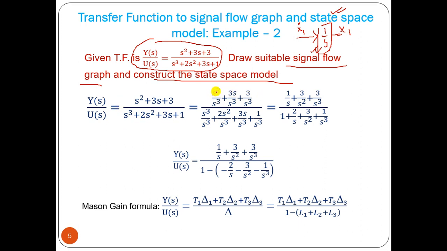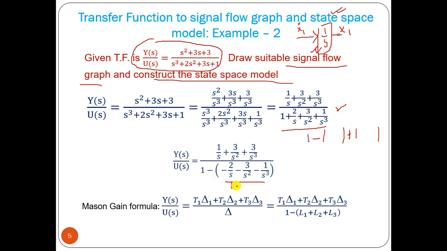So what we will have, 1 by s plus 3 by s square plus 3 by s cube, and here it will be 1 plus 2 by s plus 3 by s square plus 1 by s cube. In that form, delta should be written as 1 minus some term plus some term. So here you can take 1 minus all as negative.